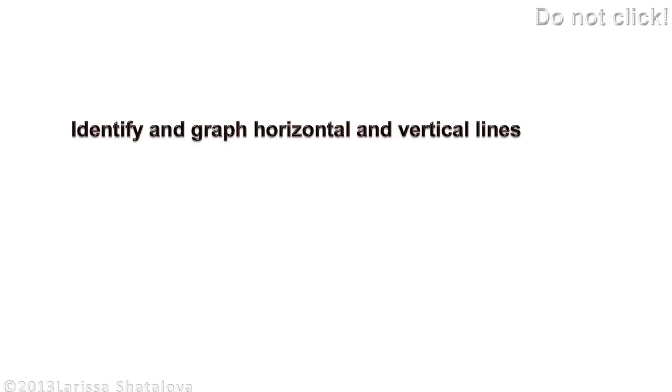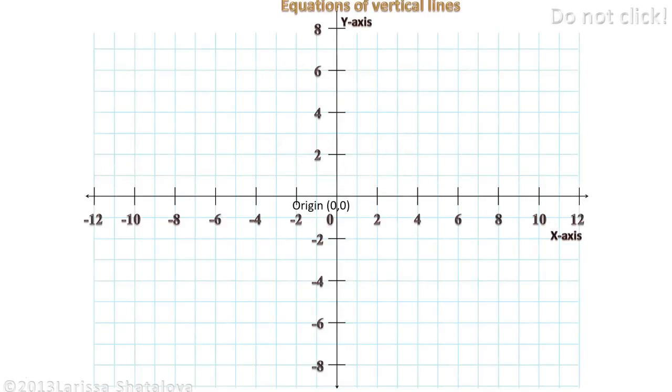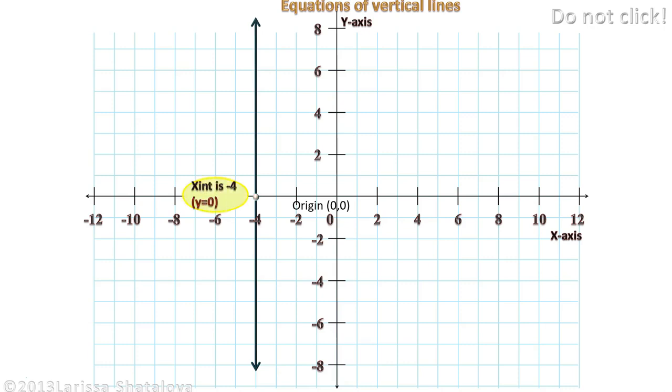Now it's time to talk about the equation of horizontal and vertical lines. Here is a vertical line, and the x-intercept is negative 4, y is 0. Now I want you to look at how we're graphing this line.